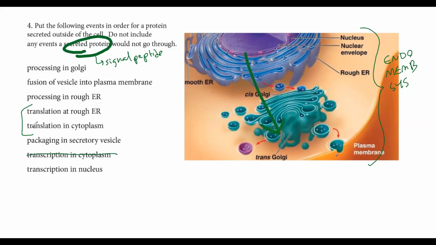And the cytoplasm isn't really part of that, right? The protein will begin its life at the rough ER and then travel through the endomembrane system. So all secreted proteins will be translated at the rough ER. They will not be translated in the cytoplasm. So we can erase those two. Some proteins are translated in the cytoplasm, but those will not be secreted proteins.